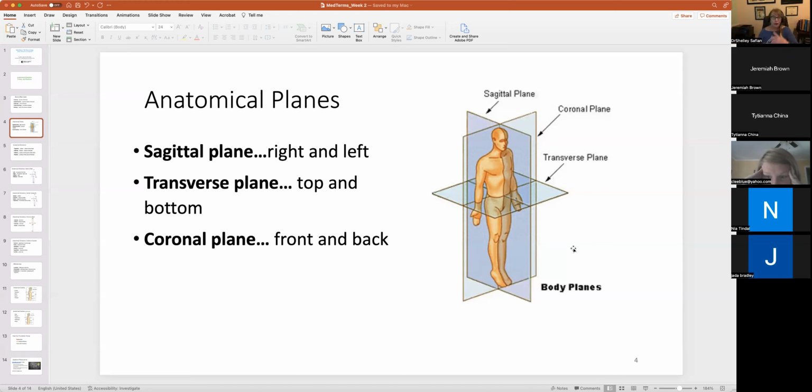Because there are lots of parts of the body that are very specific to right or left. Like if you're going to donate your kidney, which is a wonderful thing to do.